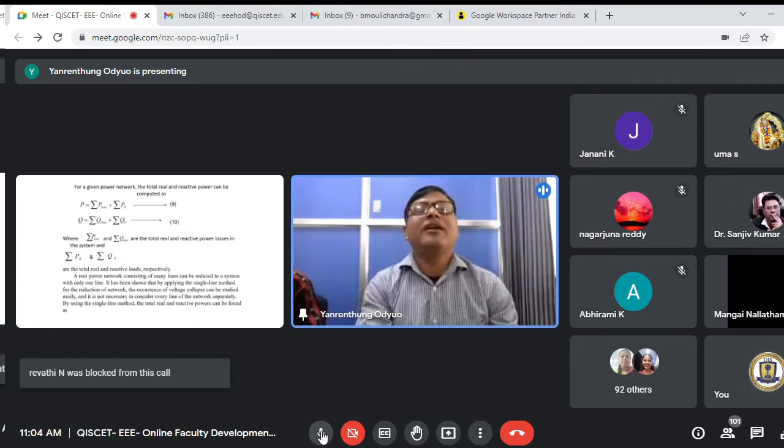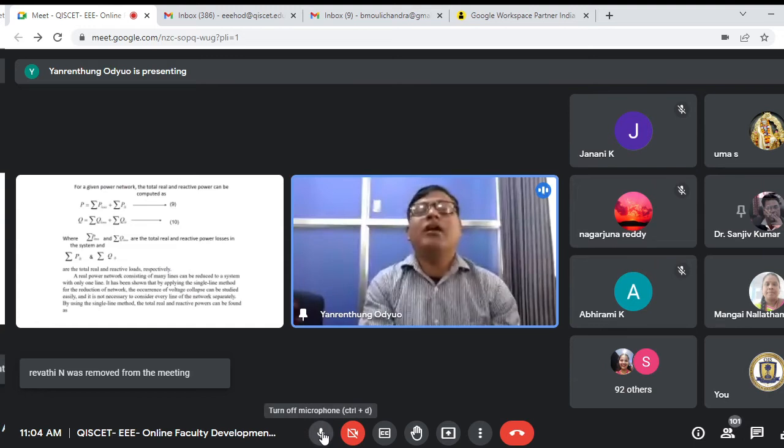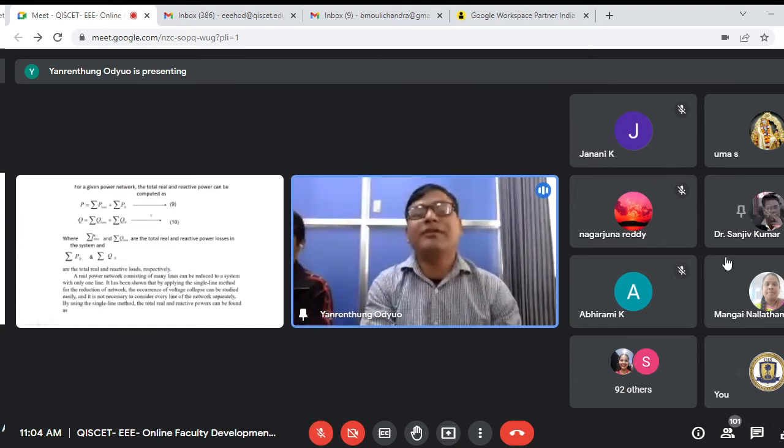Okay, fine. Now you see, the total real and reactive power loss for a particular system can be computed like that. So P is given by the overall loss plus our load. Similarly, Q is given by the overall loss plus this.